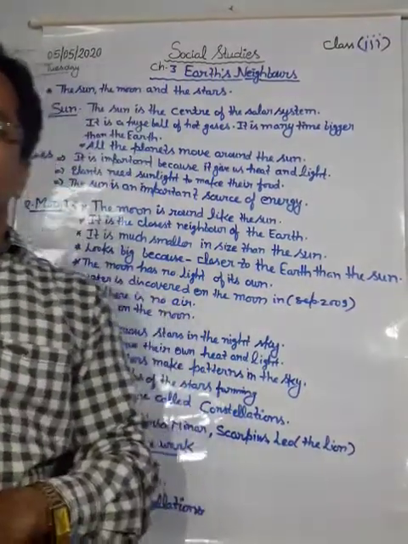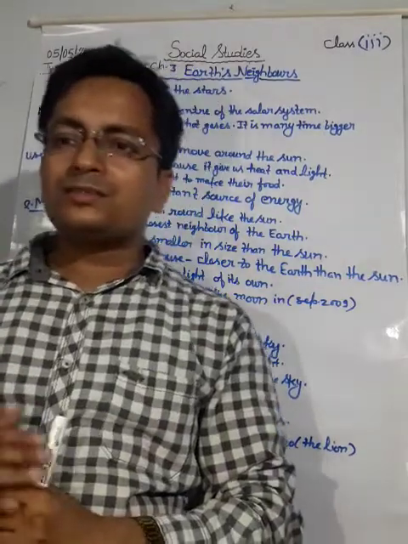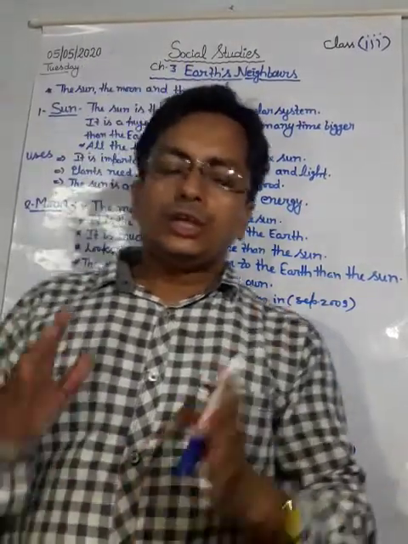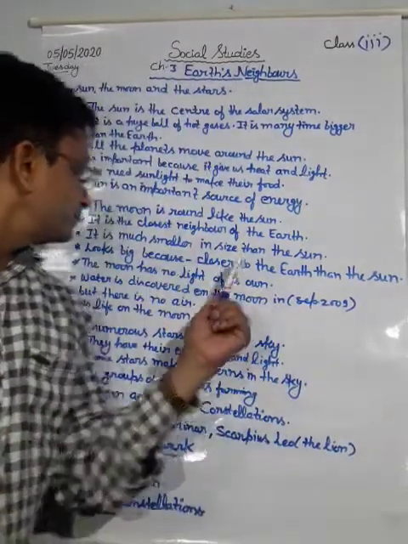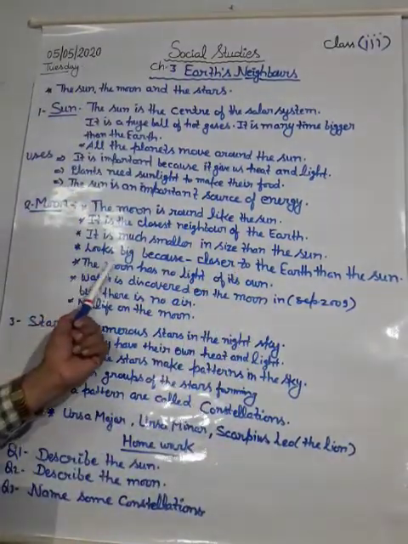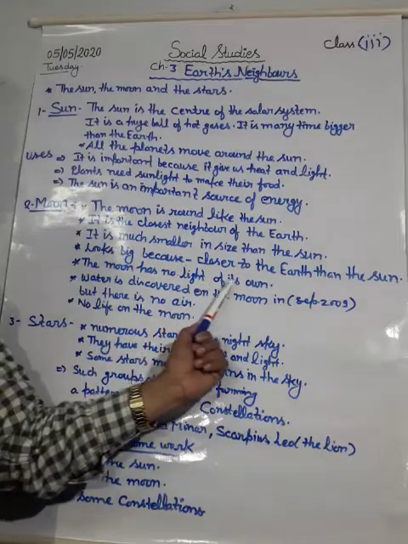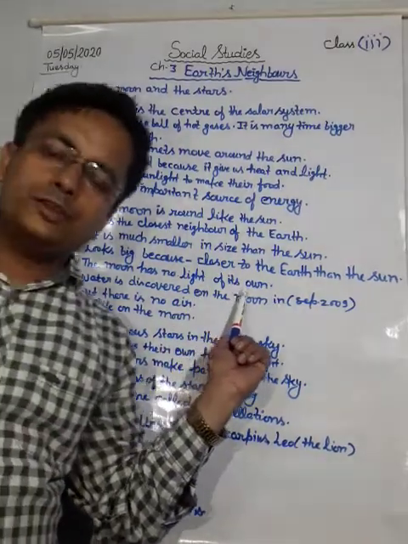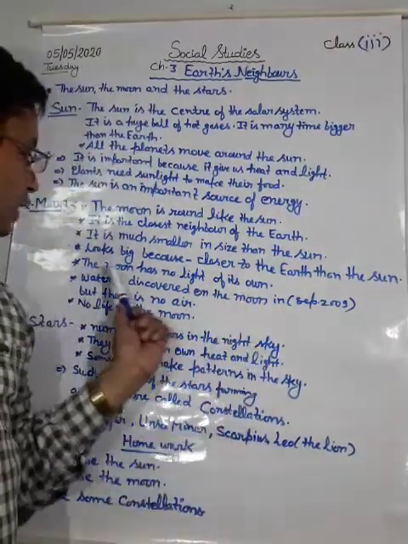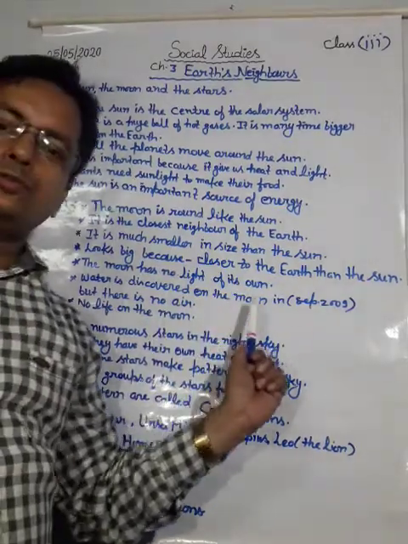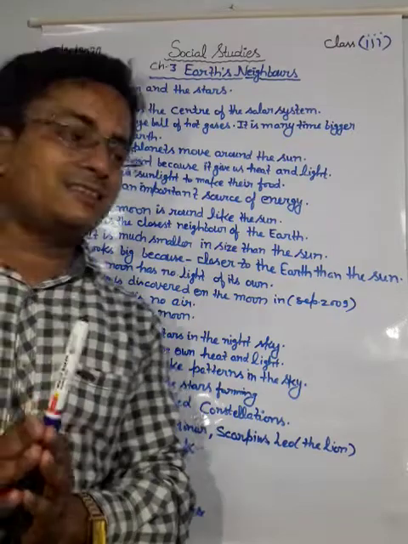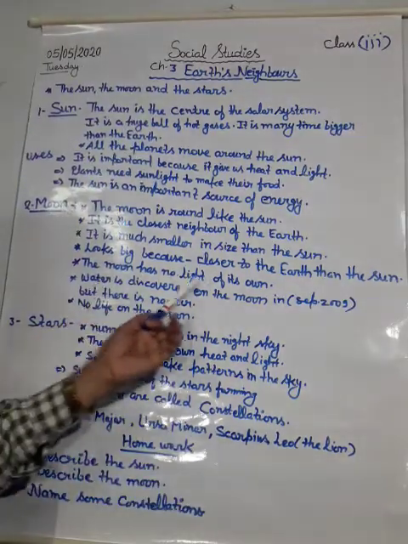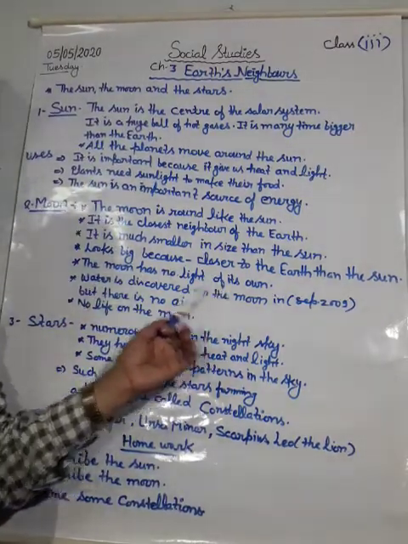That means the sun is far from us and the moon is near to us. The moon has no light of its own. It takes light from the sun.